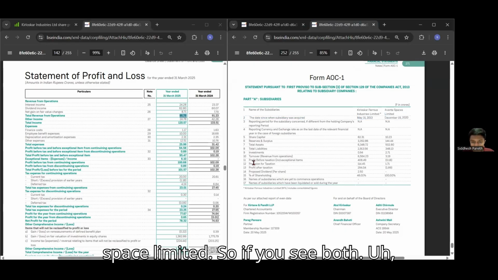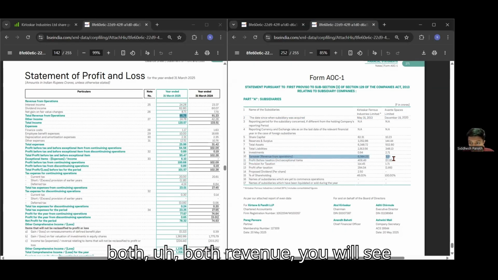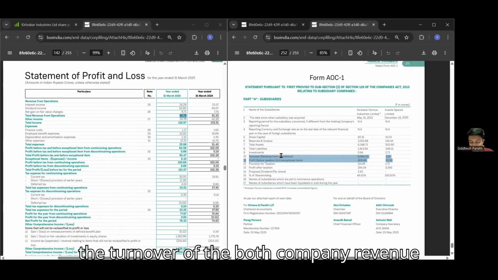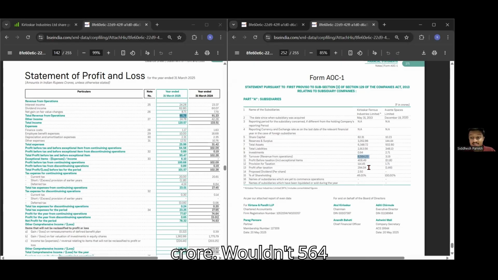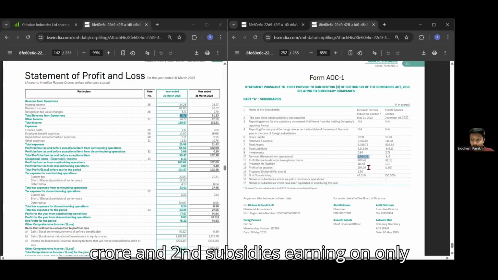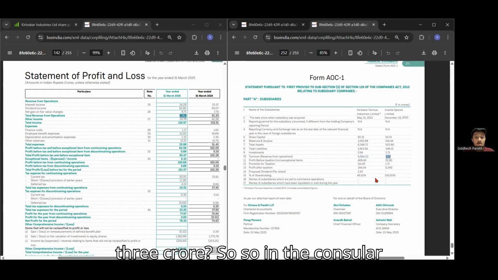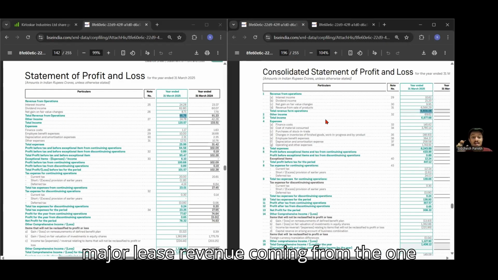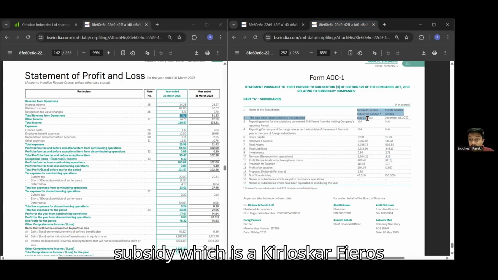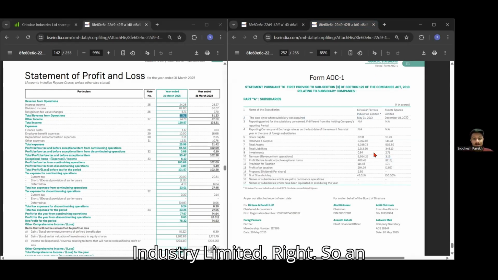If you see the revenue from operations of both companies, Kirloskar Ferrous is earning 6,564 crore, and the second subsidiary is earning only 3 crore. So in the consolidated report, the revenue is majorly coming from one subsidiary, Kirloskar Ferrous Industries Limited.